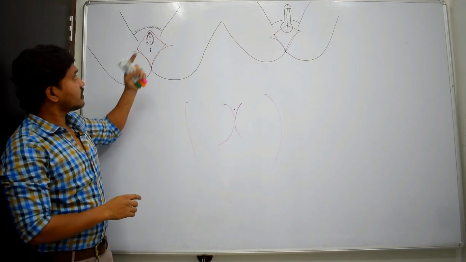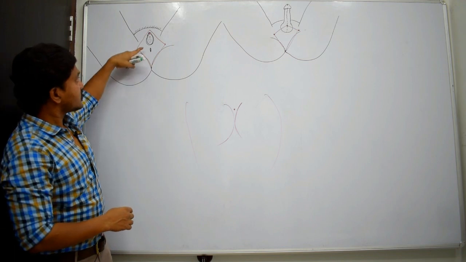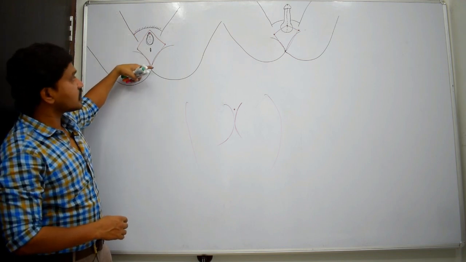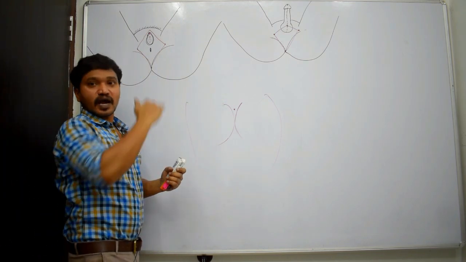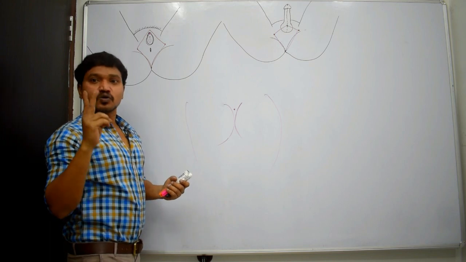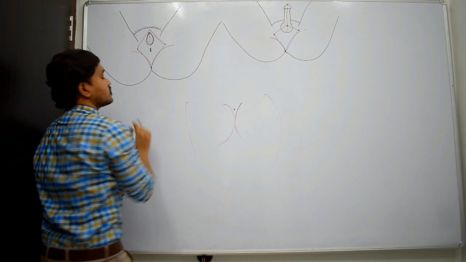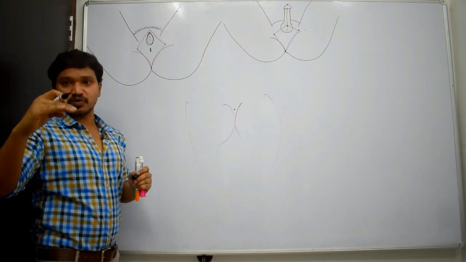Now if you divide this perineum into an anterior part and a posterior part, we can divide it into the anterior urogenital triangle and the posterior anal triangle. Because if you divide the diamond shaped area into an anterior part and a posterior part, we can see two triangles. Let me draw an imaginary line. That imaginary line passes anterior to the two ischial tuberosities.